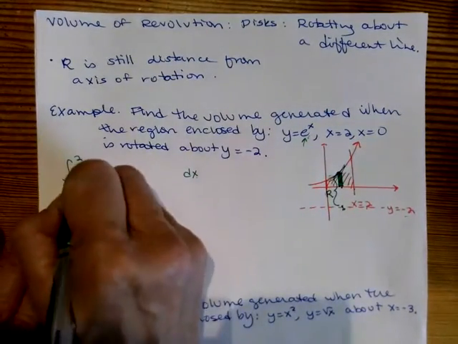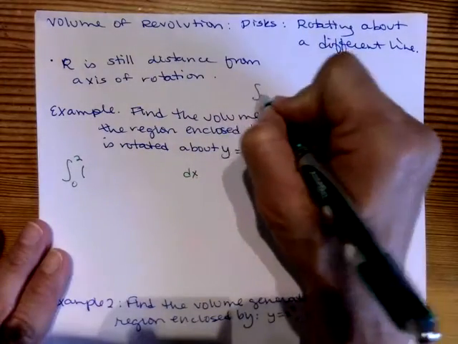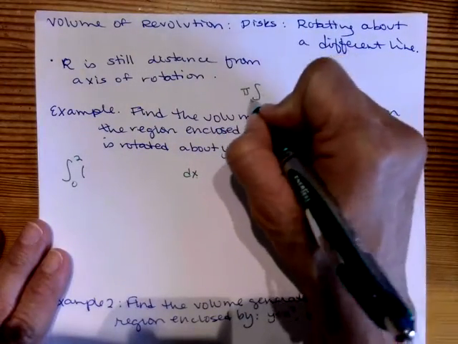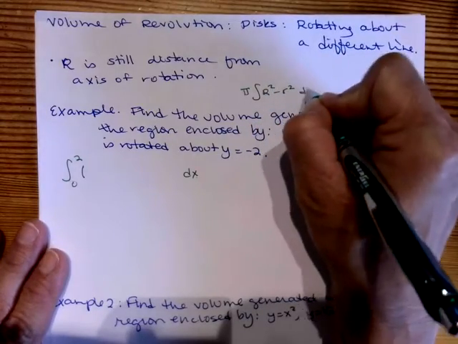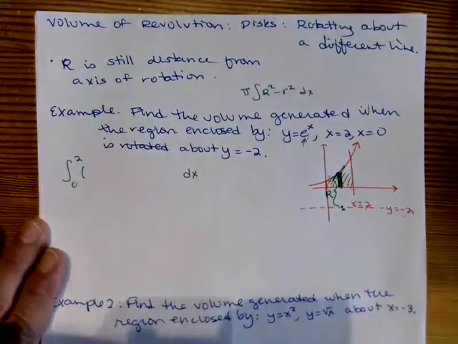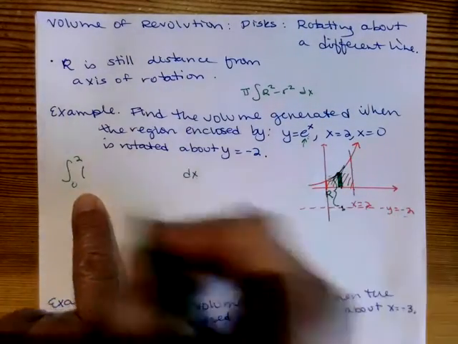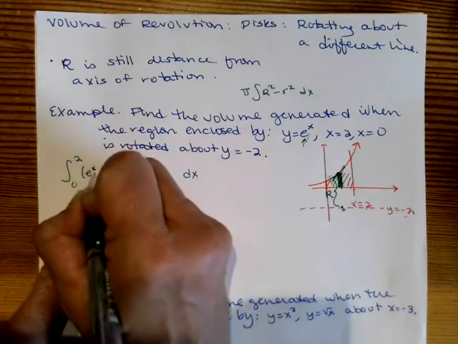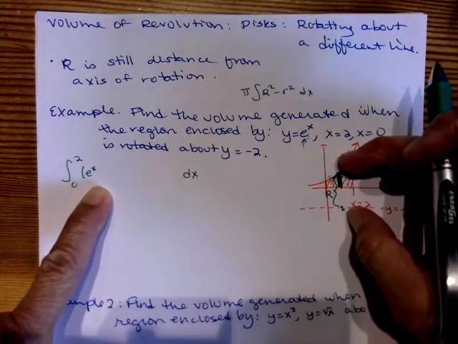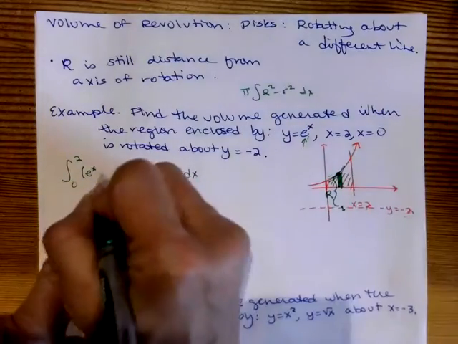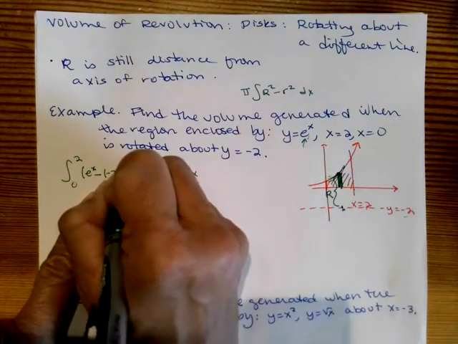So for my capital R, just to remember for washers, it's pi times big R squared minus little r squared, and then dx or dy depending on which way you're going. My big R is going to be that e to the x, minus, the distance between top minus the bottom, so minus the -2.